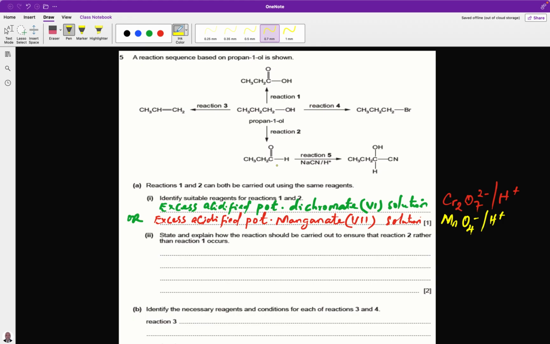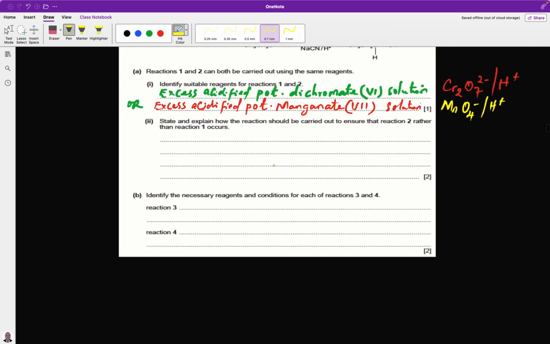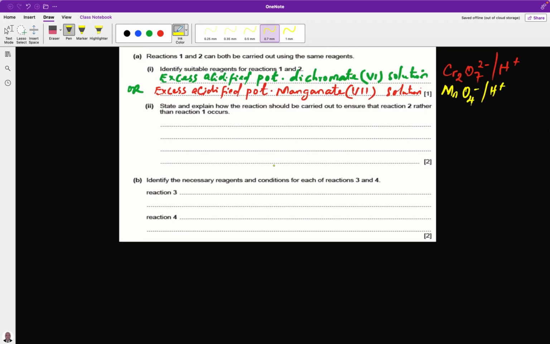So state and explain how the reaction should be carried out to ensure that we do the oxidation and get just propanal. We don't go to acid. In order to get just the aldehyde, in this case propanal, what will be the condition?